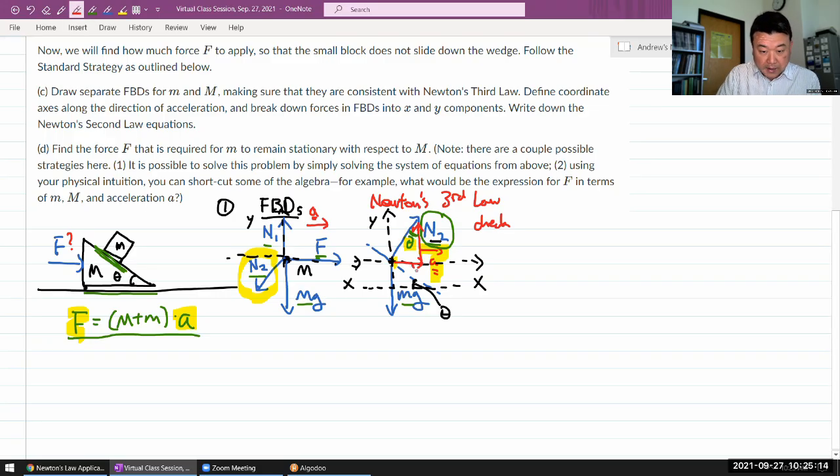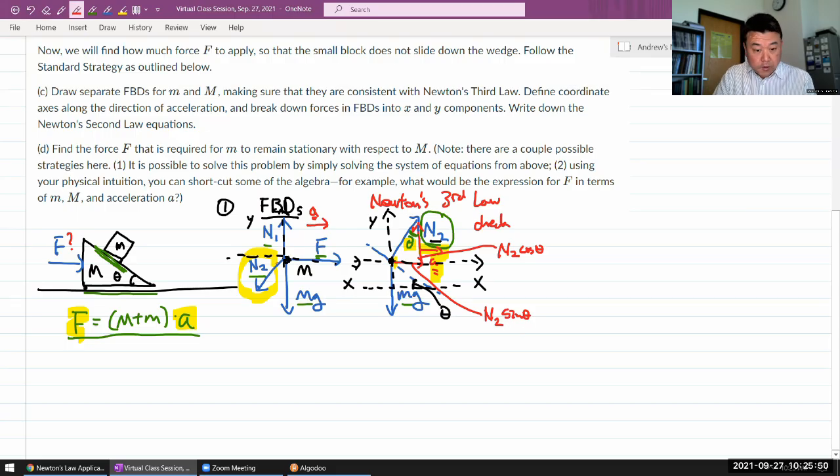So the magnitude of the x component, since it's on the opposite side of the angle, is N2 sine theta. And for the vertical or y component, since it's the adjacent side of the angle, it's N2 cosine theta. So here in this particular case, the x component turned out to be sine theta, not cosine.